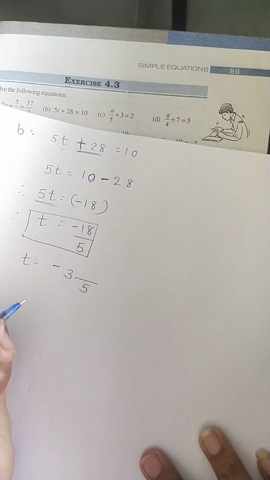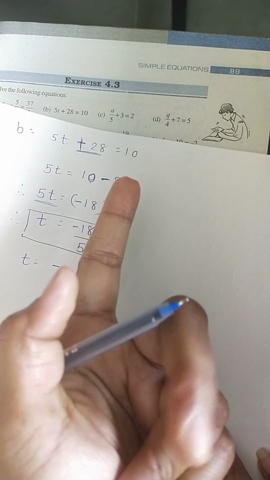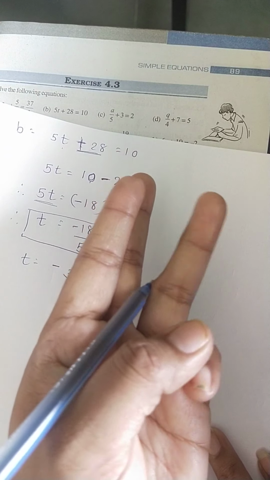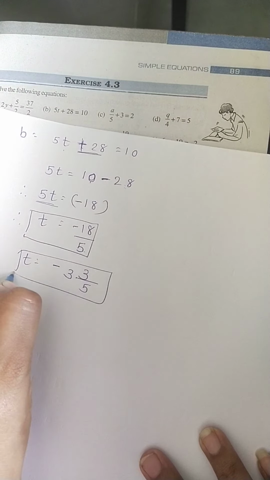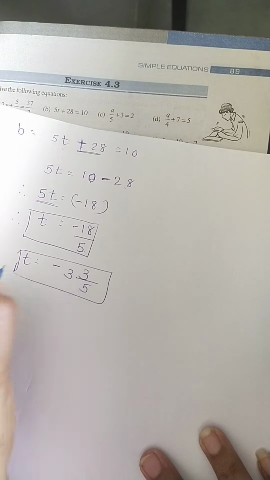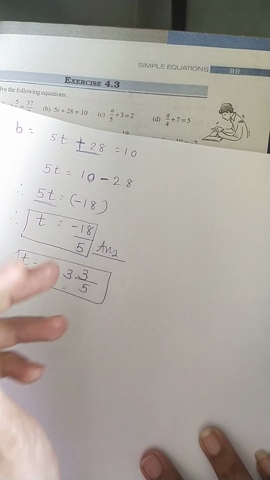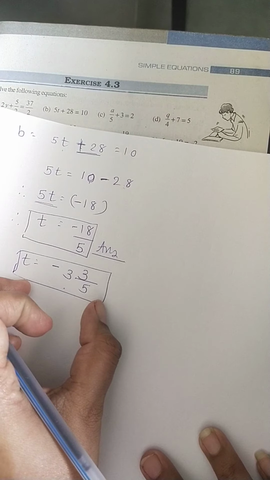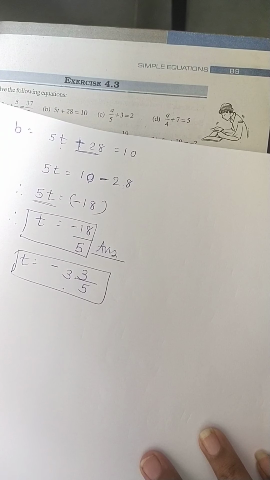So here what do we have to take? 5 threes are 15. Then after that 16, 17, 18. So you have to write over here 3. You can convert it to a mixed fraction also. But it is not a chapter of fractions. So if you want to stop your answer over here, then you can stop. But if it is a sum of the fraction chapter, then you have to write it as a mixed fraction.